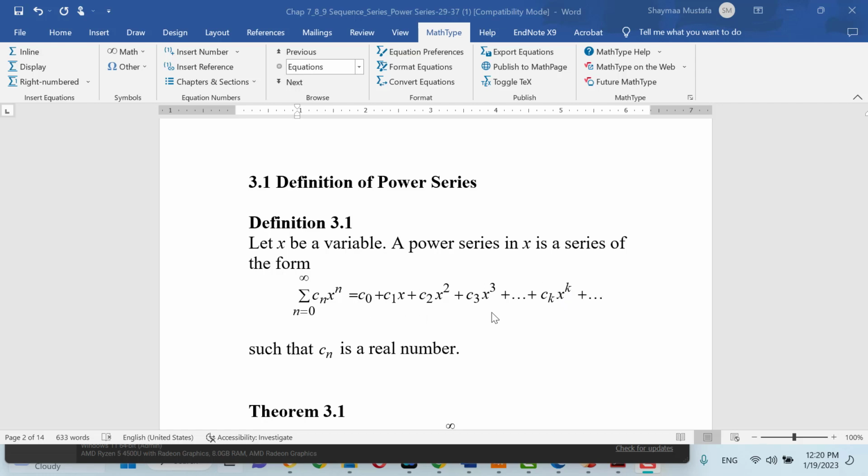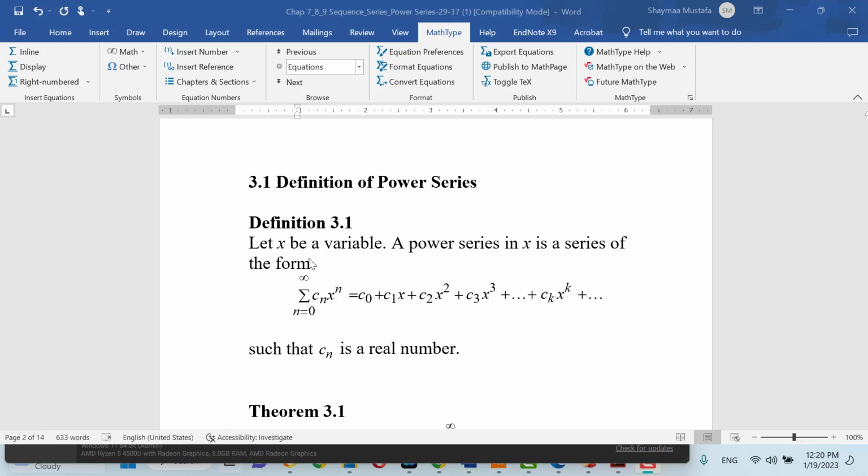This is similar to polynomial expressions, and this is the power, or the advantage, of power series: it is a polynomial expression which is easy to calculate the derivative, easy to calculate the integration, and so on.